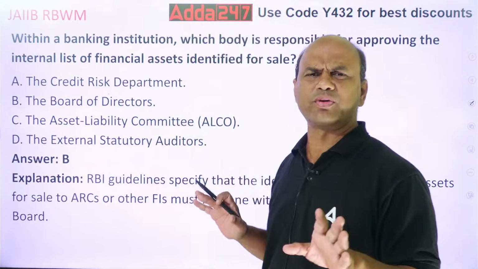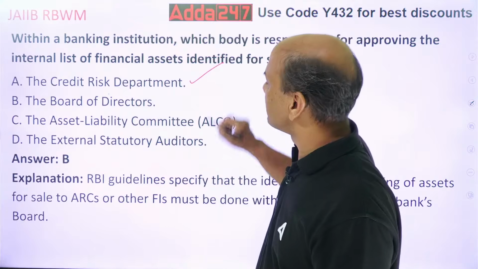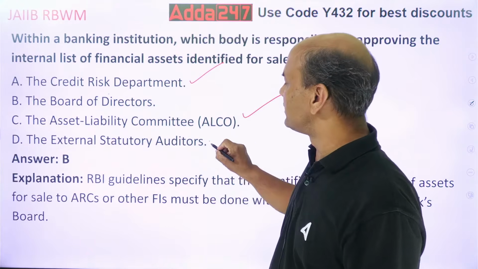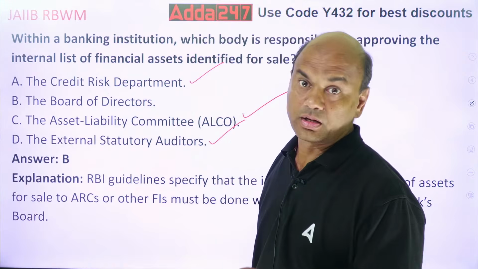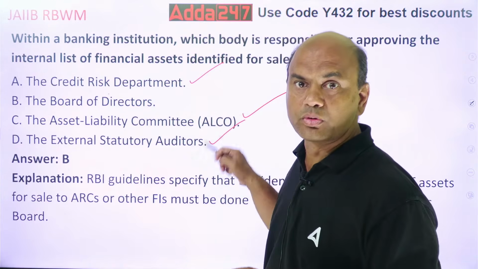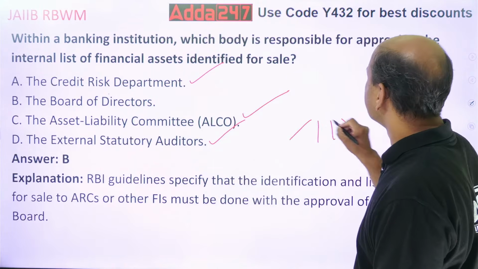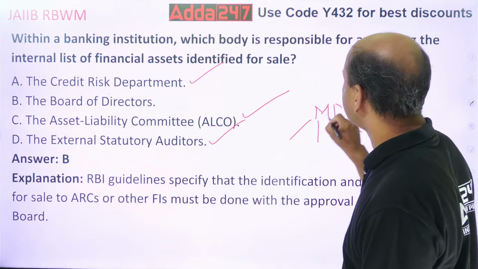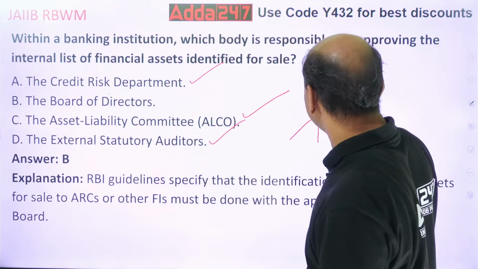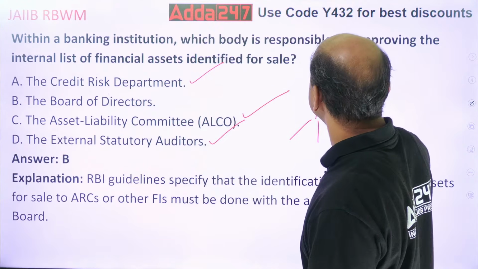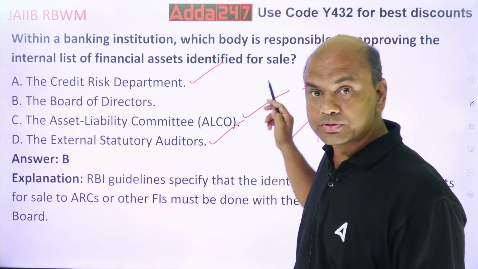The reason is very simple. Let this be Credit Risk Department, let this be ALCO, let it be auditor. Ultimately, all of them report to whom? All these departments report to the MD, Managing Director. But MD reports to Board of Directors.